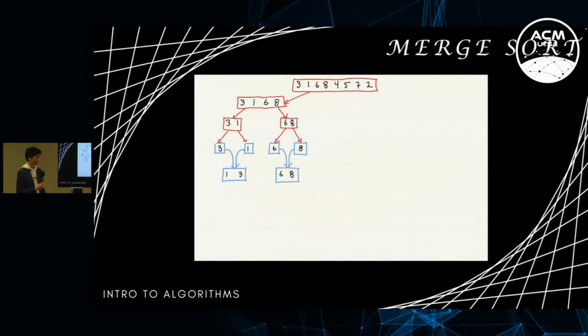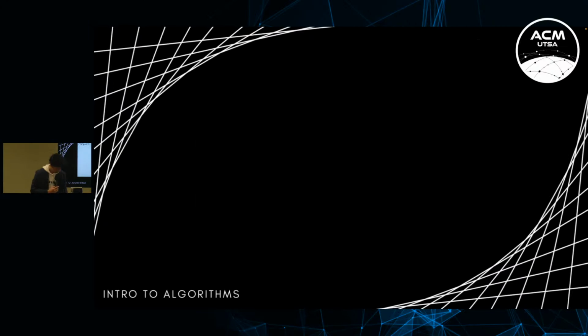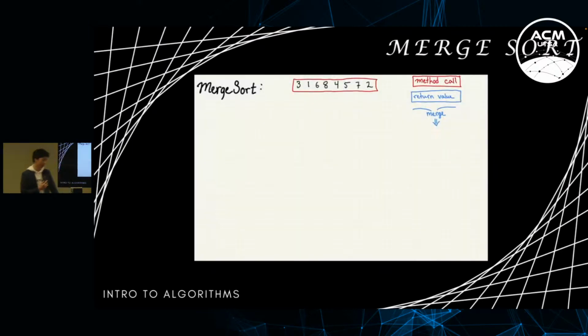If selection sort is how your brain works, merge sort is how the computer likes to work; they default to this. It's really quick. If you go back here, you can see that the merge sort worst case is O(n log n), which is much smaller than selection sort's O(n squared). How this works is pretty simple too.